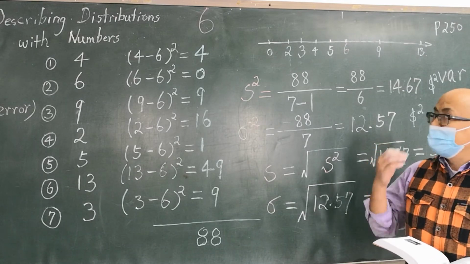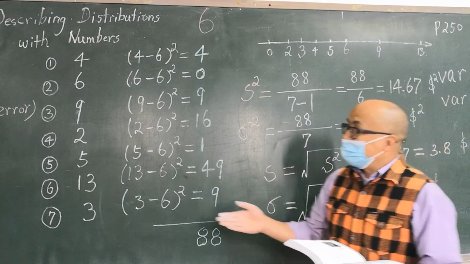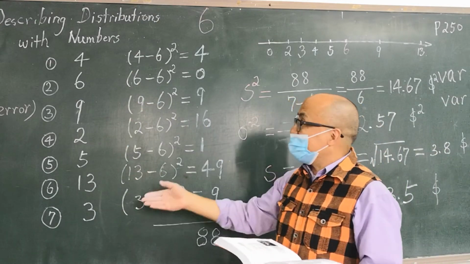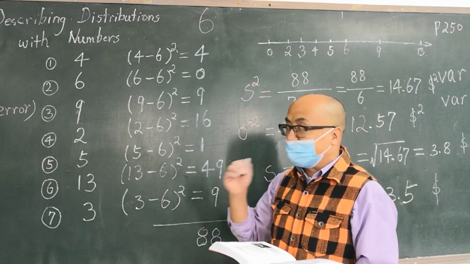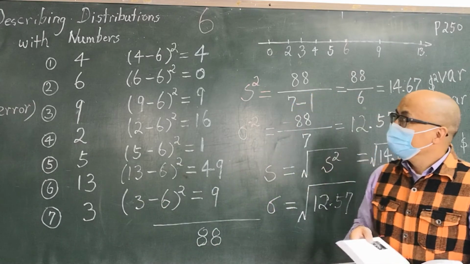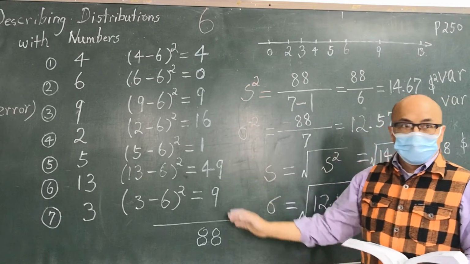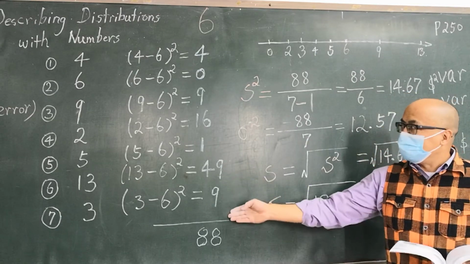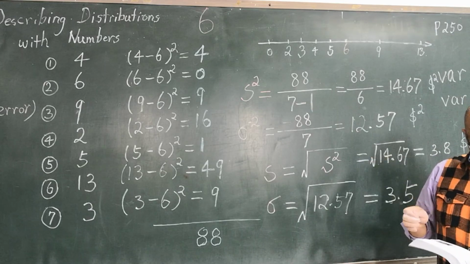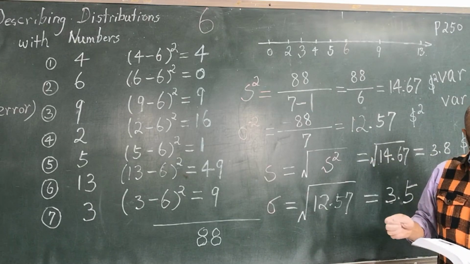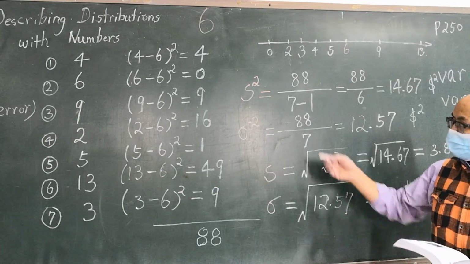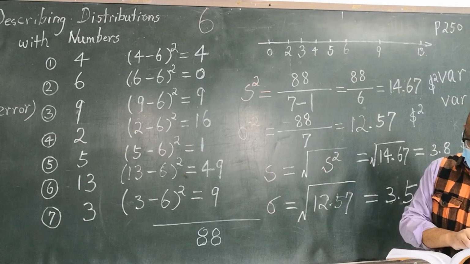But you need to really understand, so when the numbers are really messy, you are not be confused. Square the distance and divided by, if it is a sample, then it's one less.